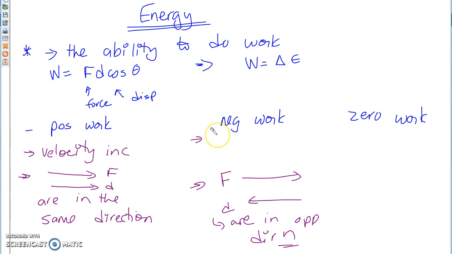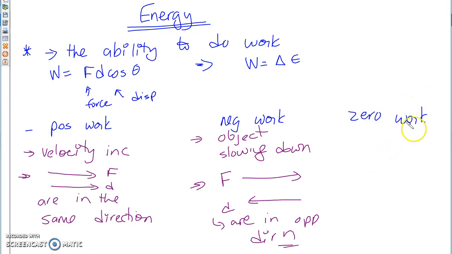What's another criteria for negative work? Another sign, object slowing down. So normally, if an object is slowing down, what's the force that we're looking at here? Friction. That's correct.